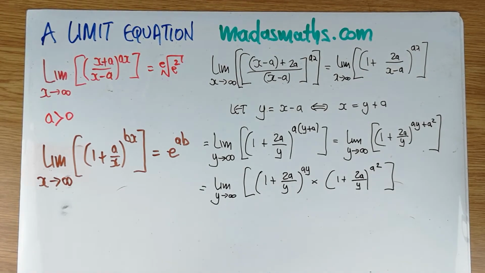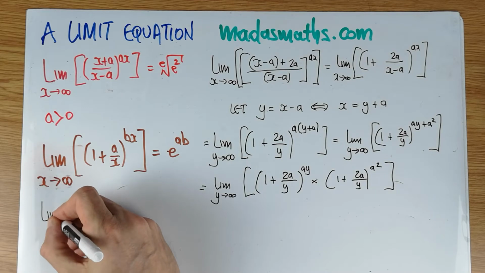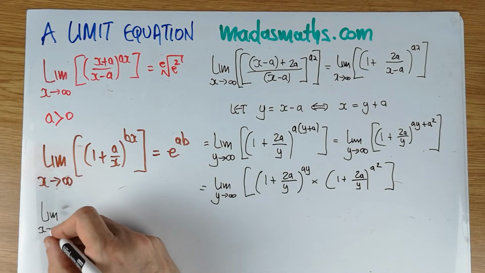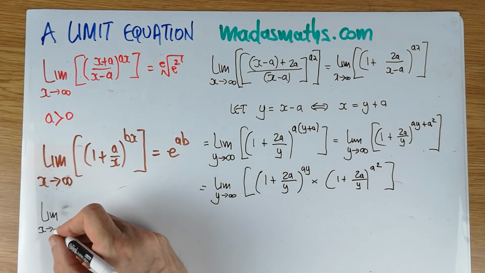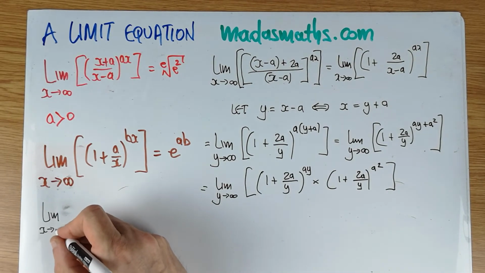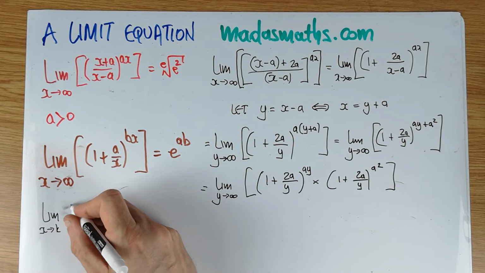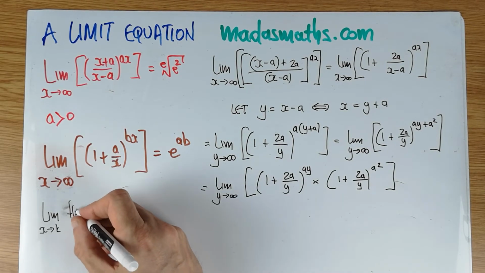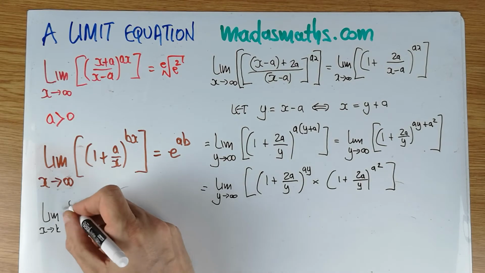But of course, the limits now have properties. Again, the result I'm using, assuming the limits exist, it doesn't matter whether it's finite or infinite. Let's say x tends to, I don't know, k, of f of x, g of x.